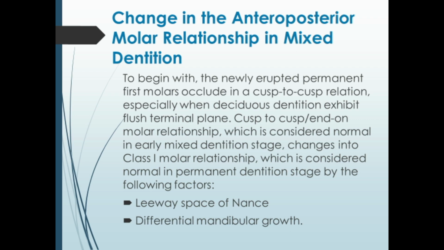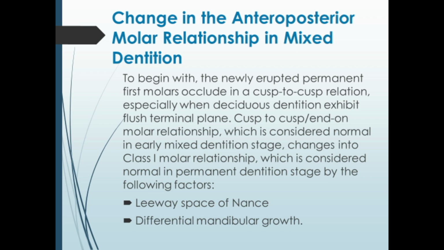Change in the anterior-posterior molar relationship in mixed dentition. To begin with, the newly erupted permanent first molars occlude in a cusp-to-cusp relation, especially when deciduous dentition exhibits flush terminal plane.